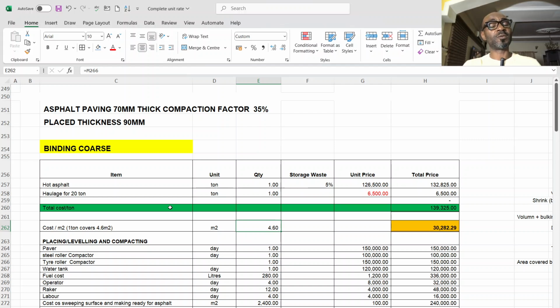Like for asphalt laying, you need a paver, a steel rolling compactor, a soft tire rolling compactor, and a water tanker. Some will ask, what is the function of a water tanker in the laying of asphalt?